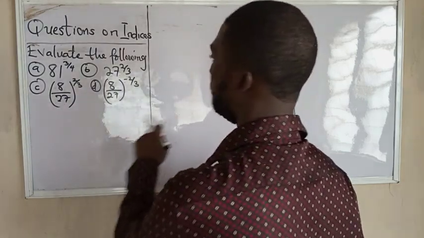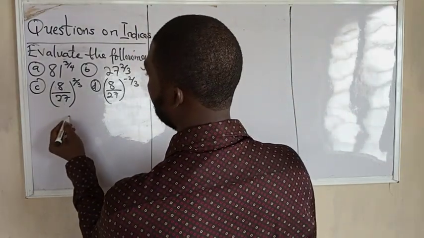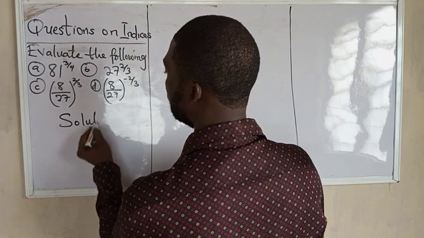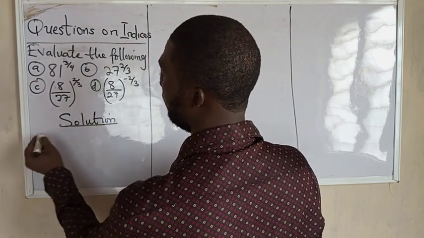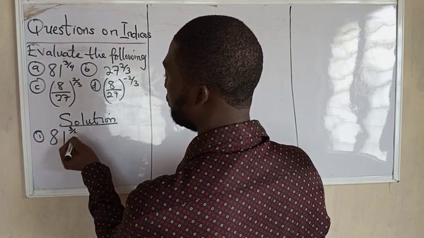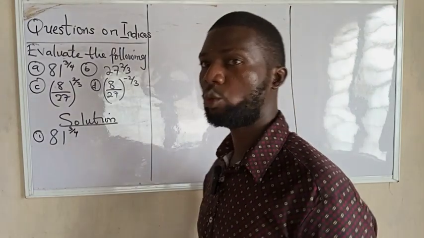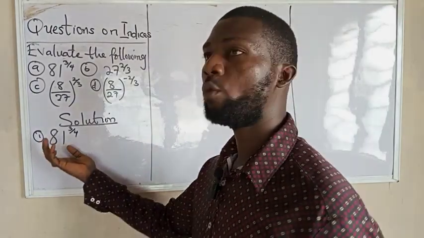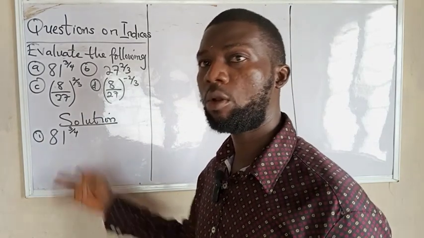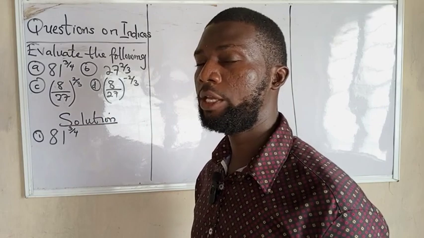So the first question is 81 raised to power 3 over 4. Now, by looking at this question, we can see that this falls under the seventh law in my last video, which is fractional index.